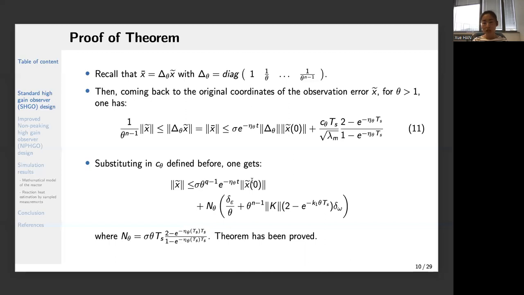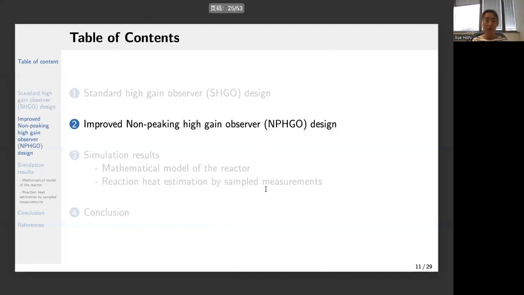How to do this? Finally, we found a solution, that is to use a saturation function to saturate this part. And I will introduce the improved non-peaking high-gain observer design process in the following parts.